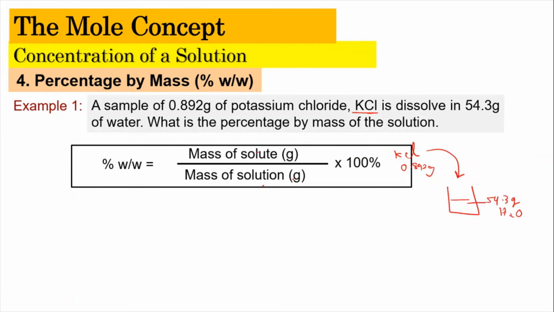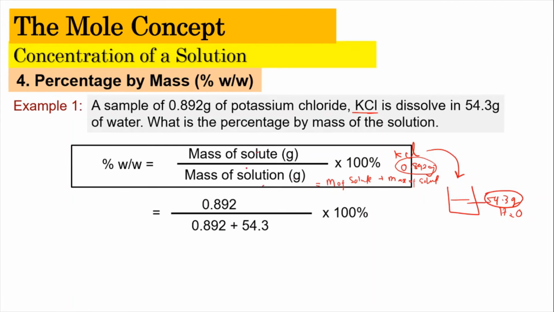The mass of solution is the mass of solute plus the mass of solvent, so we add up 0.892 plus 54.3 gram, and multiply by 100%. Since the unit is gram and gram, we can cancel out. When we do the maths, we get 1.61%.